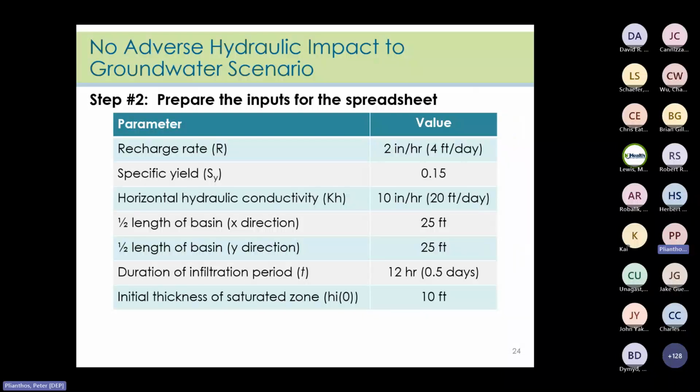We also need to divide hours by 24 to get the number of days, which is 0.5 for this example, if we're using the older spreadsheet. And T is less than the upper limit of 3 days for the duration of infiltration period. And then lastly, the initial thickness of the saturated zone uses the default value of 10 feet.